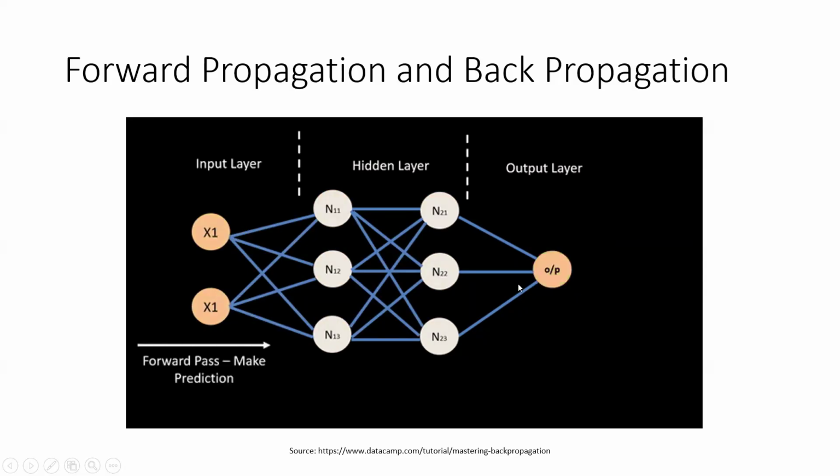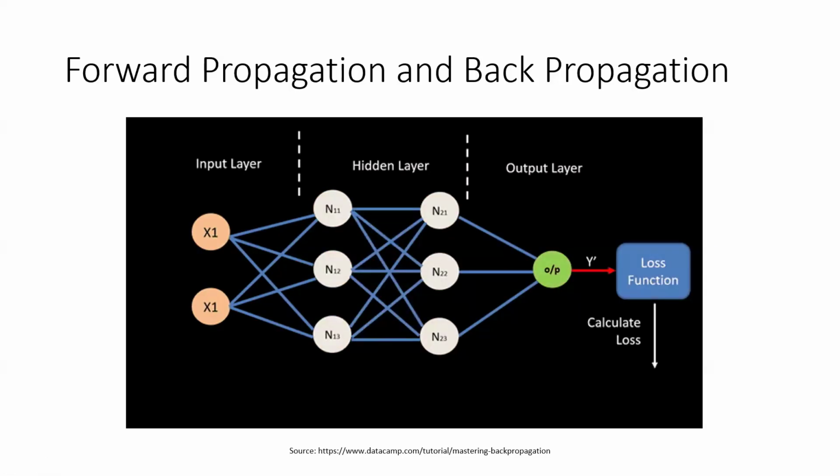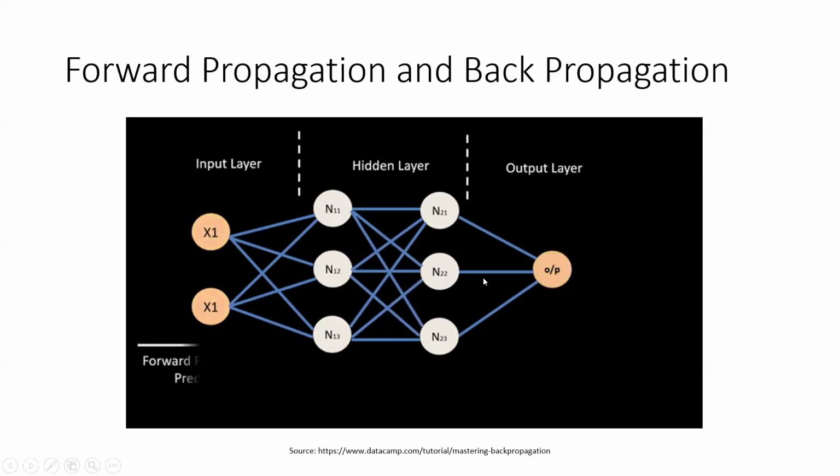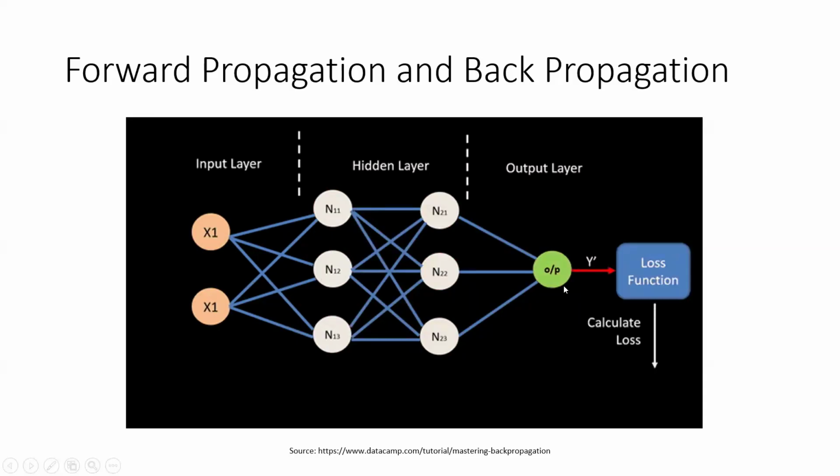Like other machine learning algorithms, neural networks are also an approximation function for the real world objects or real world features that we are given, and they make predictions.